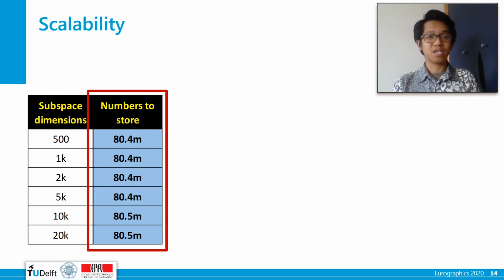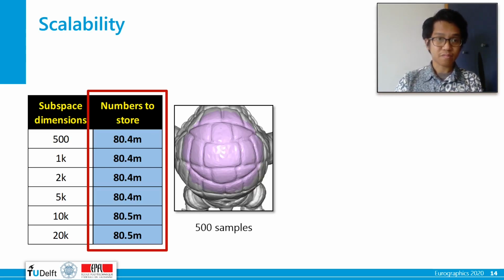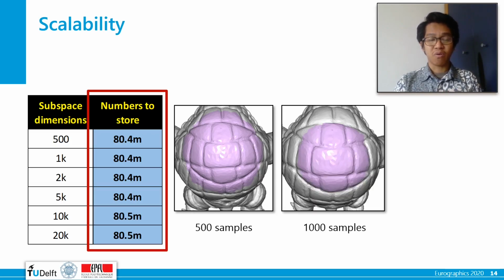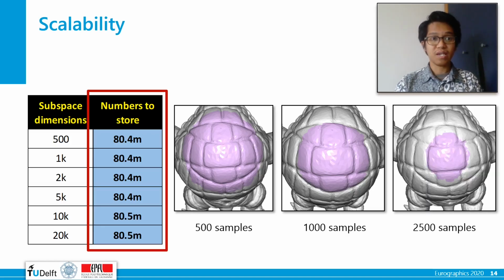And the reason is that if we increase the dimensions of the space, we need more sample points. Then, as we have more sample points, we can decrease the size of the disks. And because the number of triangles contained in the disk corresponds to the non-zero entries in the basis, we can keep the same non-zero entries for varying subspaces by changing the radius of the disk.